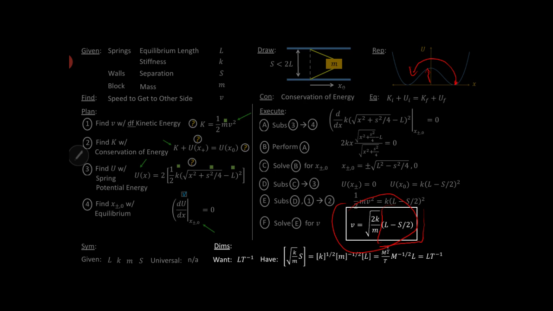However, if the spring is stiffer, right, K, if the spring is stiffer, then this hill in the middle here should get higher. This energy that we need to get over gets higher, so then V will get higher. So that's a good one.